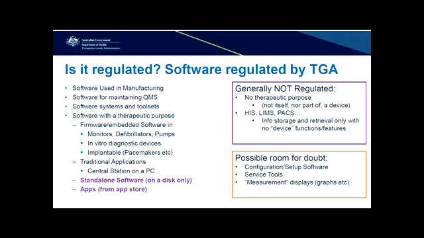Some examples are software used in manufacturing, software for maintaining QMS, software systems and tool sets. None of those are medical devices. Then when you get further down that list, it becomes obvious that it is, but again, they have allowed a lot of room for doubt. So some of the configuration and setup software might be deemed to be a medical device, some of the service tools, some of the measurement displays and graphs. So, yeah.